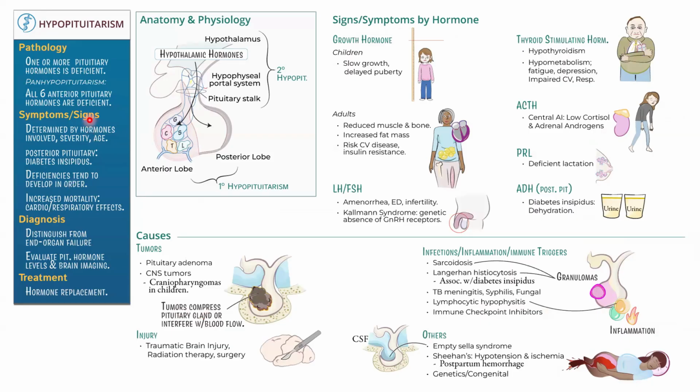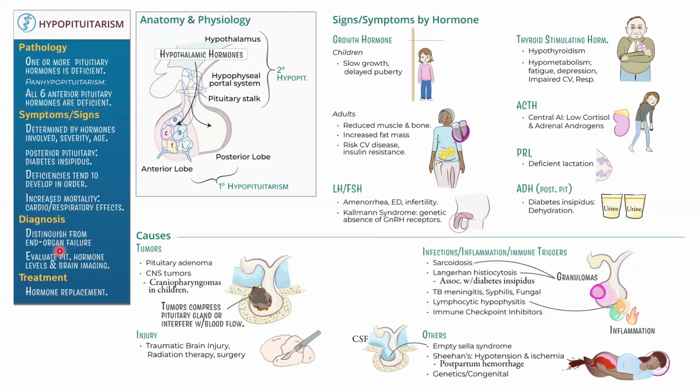So hypopituitarism is when one or more pituitary hormones is deficient, is not produced well. And when you have all 6 hormones being affected, you'll have panhypopituitarism. Pan means all. So panhypopituitarism, as you can see on this blue image here, all 6 anterior pituitary hormones are deficient.